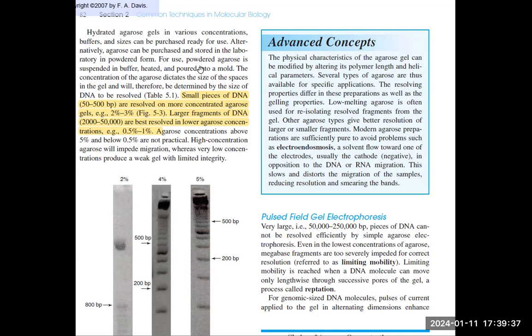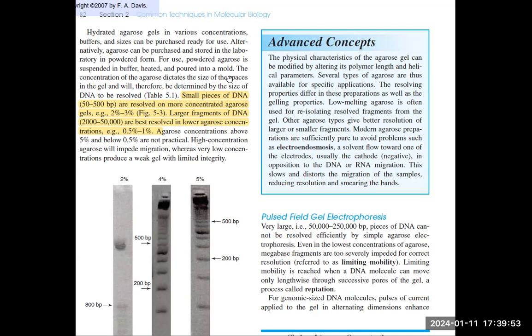It's heated and poured into a mold. You might wonder why we have a microwave in our molecular lab. It is used to melt our powdered agarose once it's suspended in buffer.